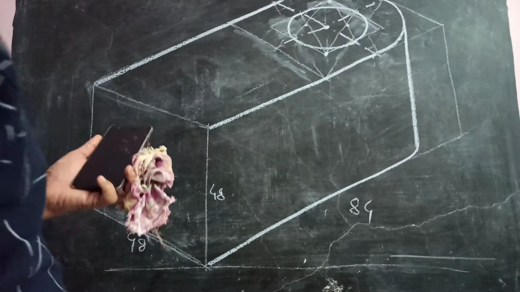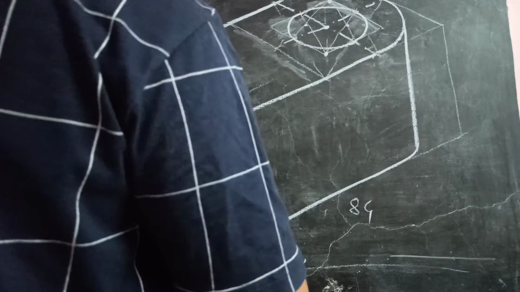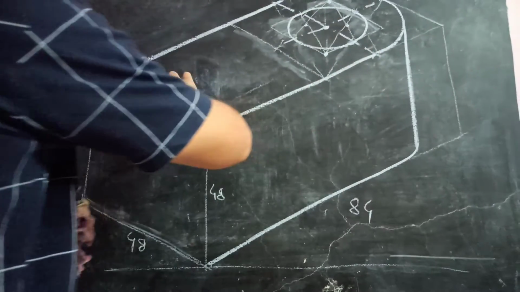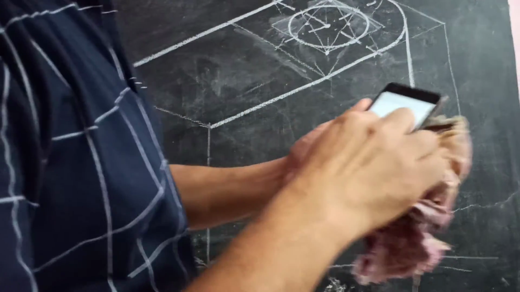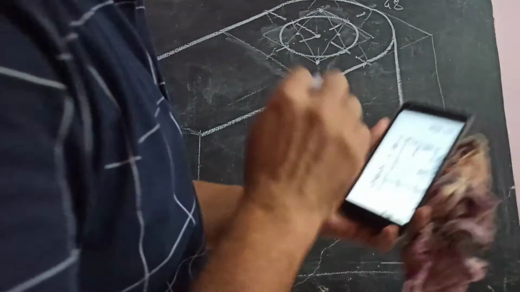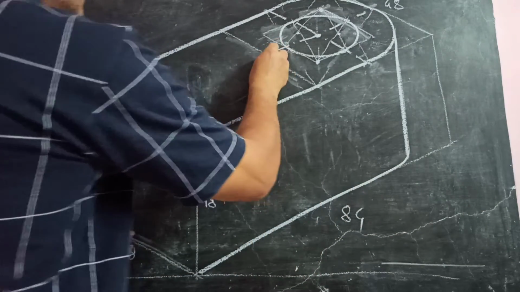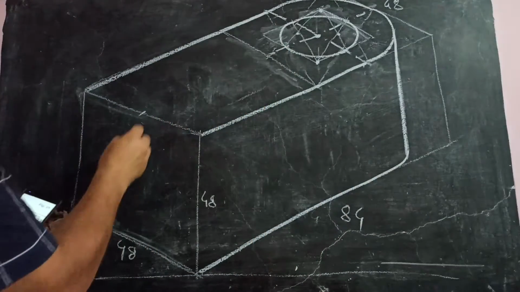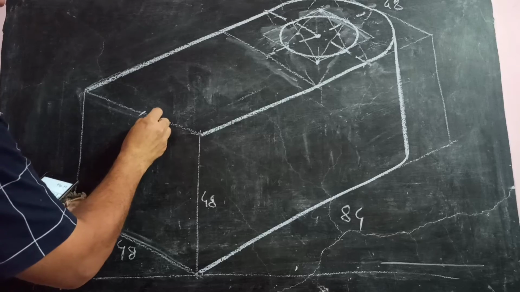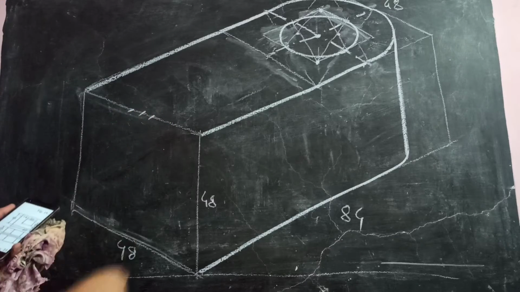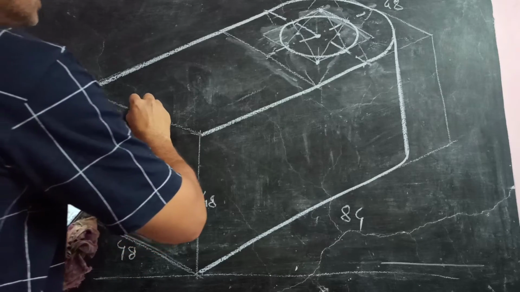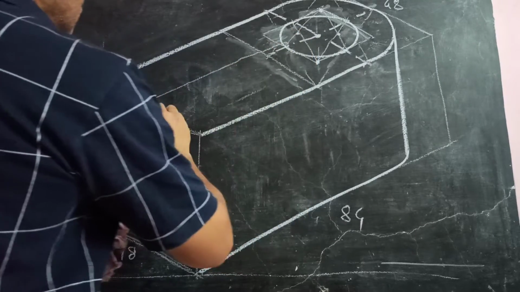Okay. Then there is a tunnel here which is having the width as 6. This is the center line, so mark this center. 6 it is having, so 3 mm on this side, 3 mm on this side. You can draw these straight lines parallel to this.